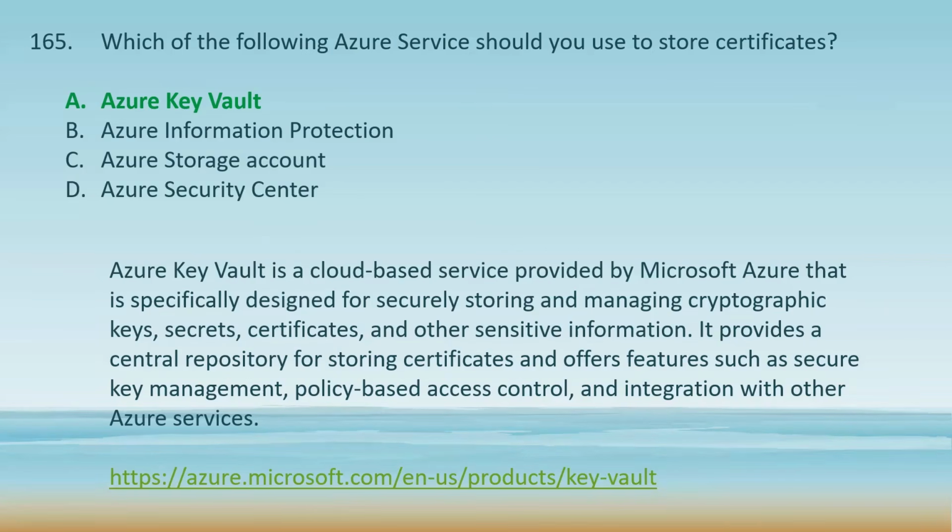While it can be used for storing files and data, it is not designed specifically for certificate storage and management. Now, the last option, Azure Security Center, is a service that provides advanced threat protection for cloud workloads. While it offers security monitoring and recommendations, it is not intended for certificate storage.